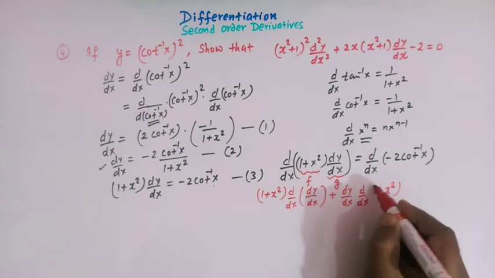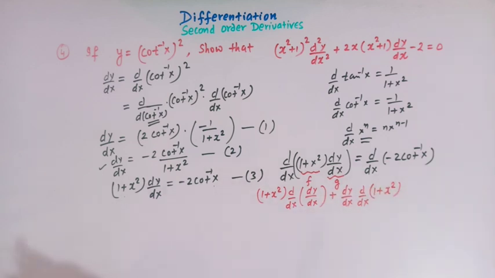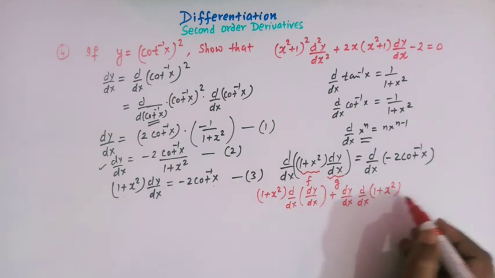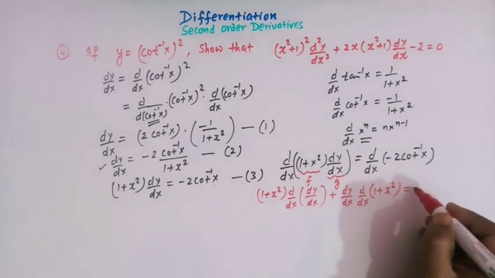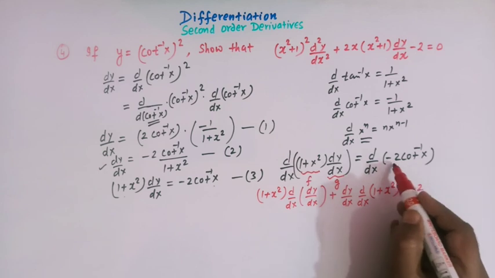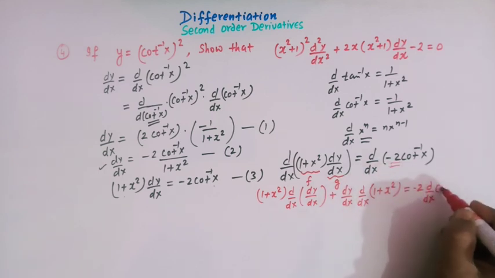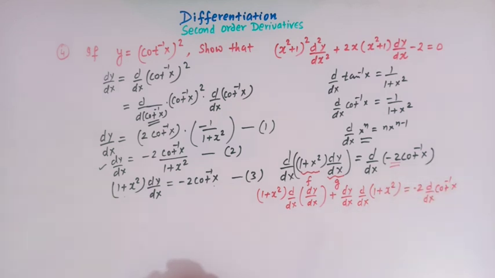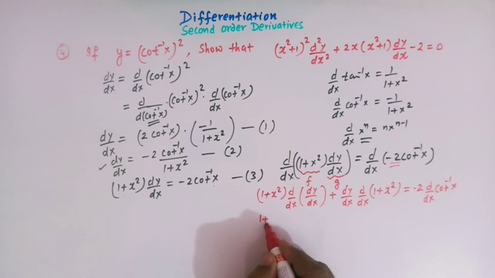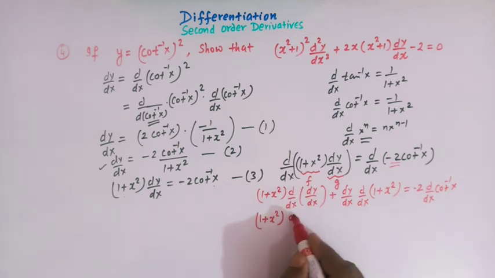On the right side, we take negative 2 outside because it is a constant, and we have d by dx of cot inverse x.